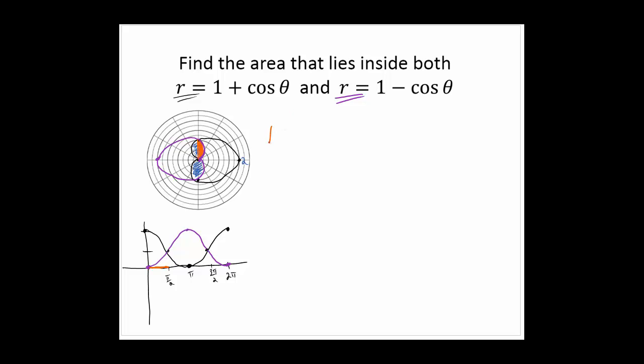So the area that I'm looking for would be 4 times the integral from 0 to pi over 2 of 1/2, and I'm working with the purple curve, so that would be 1 minus cosine theta square d theta.